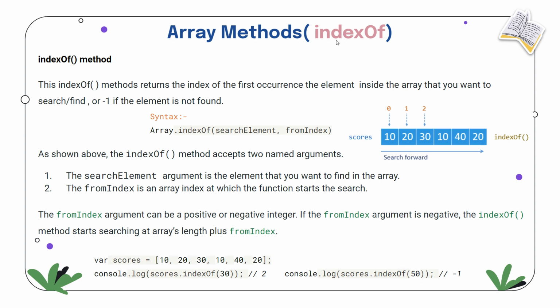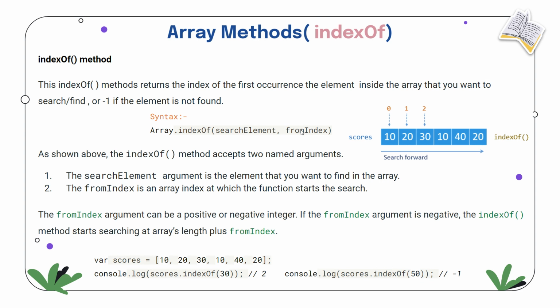Basically, it takes two arguments. One is the search element, so what element you want to search. The next argument for this method is fromIndex. By default the search always starts from 0, but if you want to start the search from the middle or some specific index, then we can provide the second parameter to indexOf. It's an optional field.